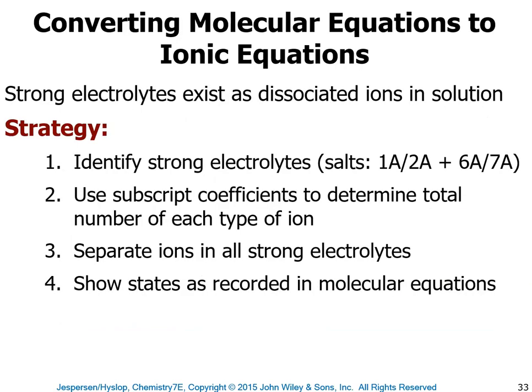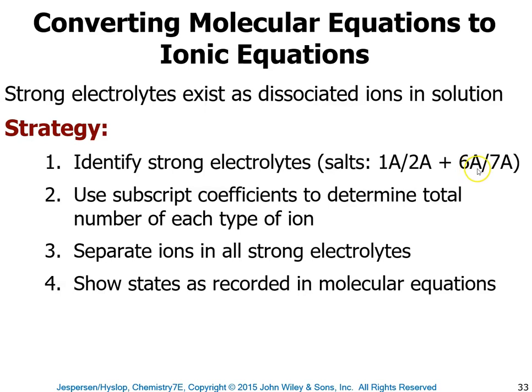If we want to convert molecular equations to ionic equations, to some extent we've already been doing this, but here's a strategy to make sure you have steps in order for doing that. First, you want to identify strong electrolytes, so salts that have compounds in the 1A and 2A columns of the periodic table, those first tall columns, and then the ones on the other side. The noble gases are generally not involved in ionic equations, so you won't have to worry about that.